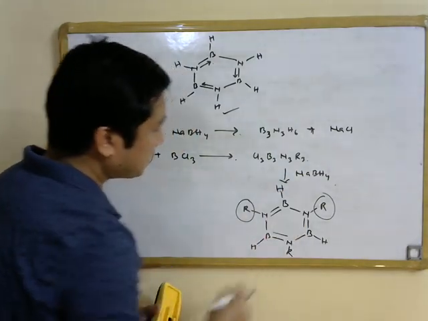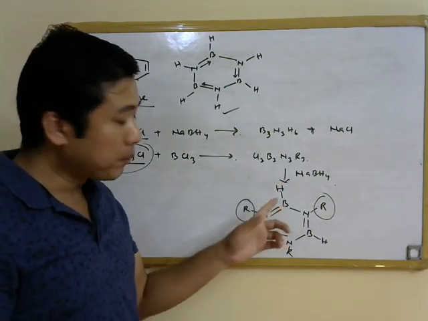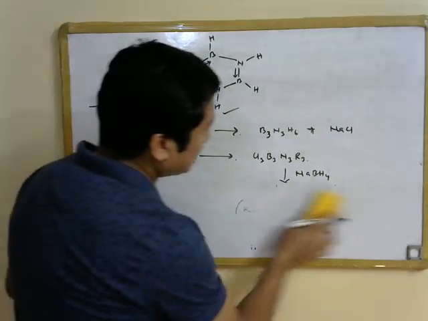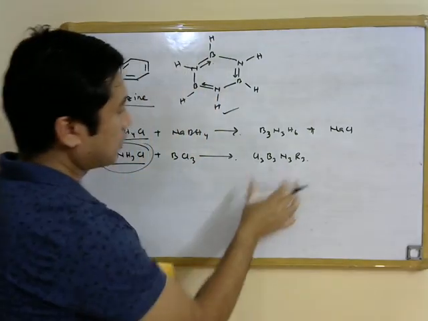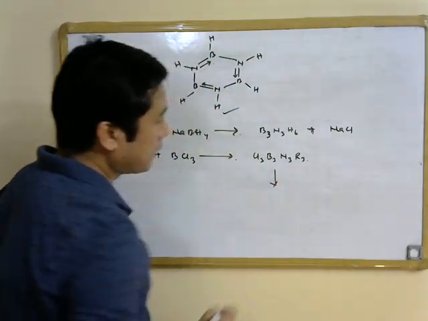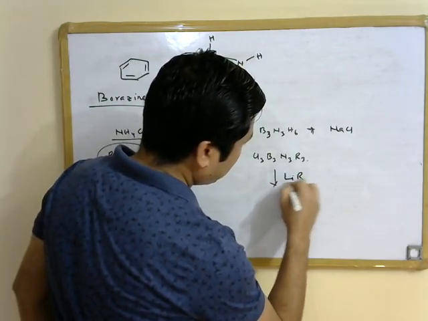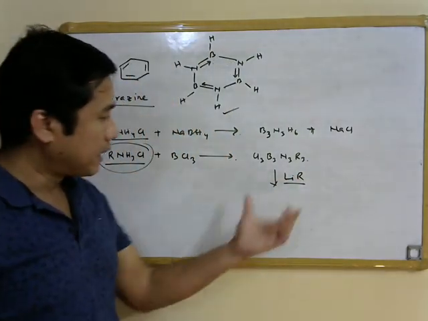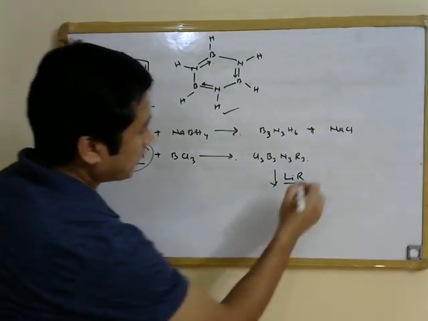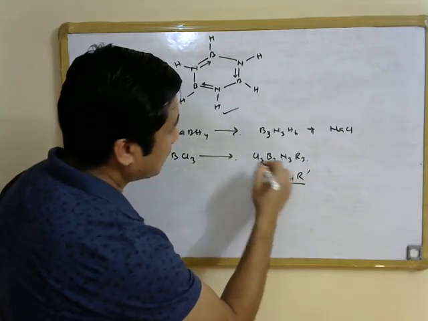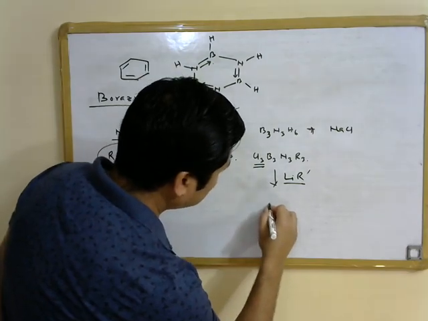We can also have substitution at the boron center, and for that purpose, once we have this particular intermediate, we can do reaction with lithium alkyls or lithium aryls, which are very useful organometallic reagents. So we can use LiR, and then replace these Cls with R here, so we can have this sort of product.